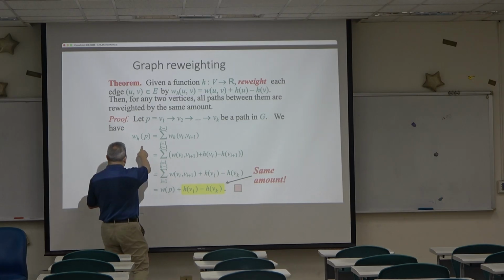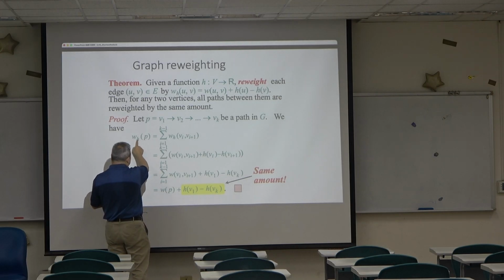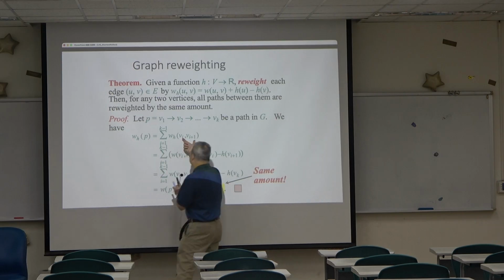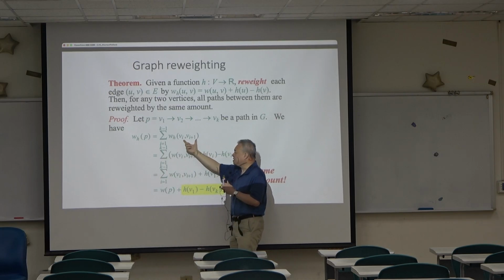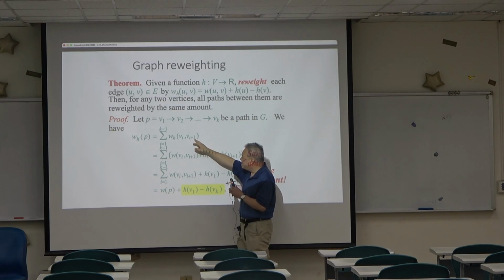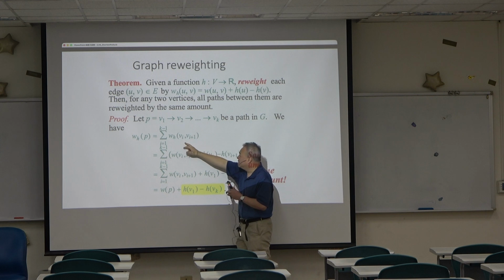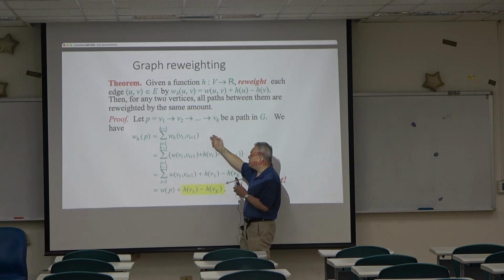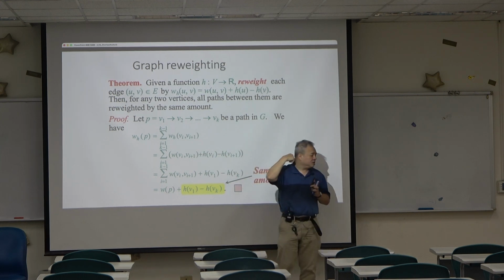Because the weight for a path after this reweighting will be the sum of some edges from v_i to v_{i+1}, and so on. The first one obviously is the source node, and the last one obviously is the destination.